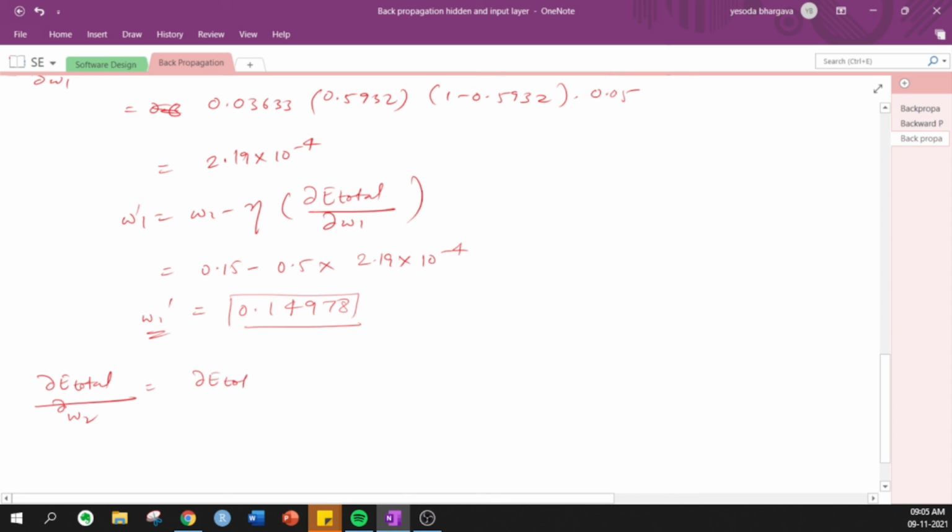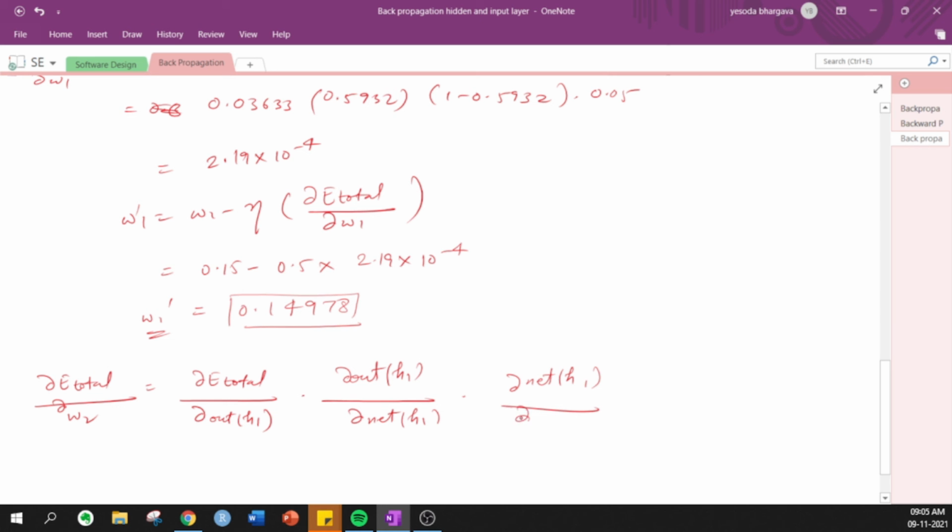Again, there is a little bit of symmetry here, as we had seen previously when we were updating weights between the hidden and output layer. This takes a little bit of practice. I think even with 4-5 times, I am still learning how to do it.